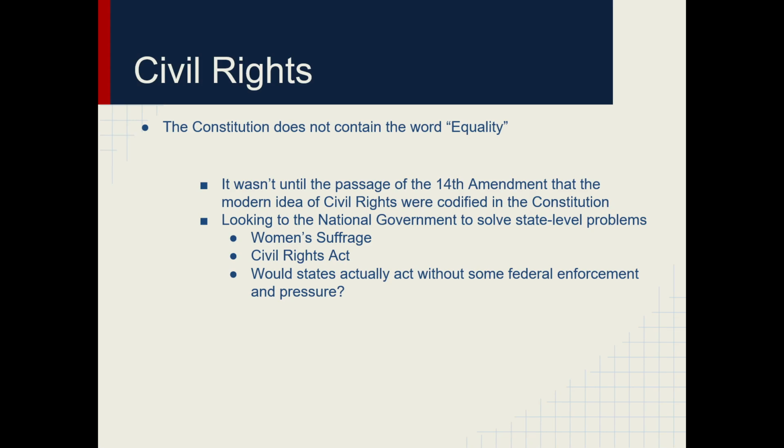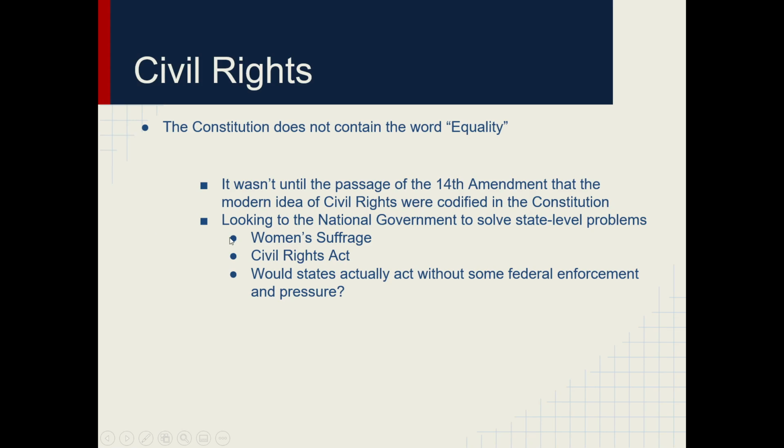Now, there's a general pattern for civil rights and how civil rights translate into law. The first part of this pattern is that something is violated at the state level. Some individual's liberty is violated at the state level, and this violation goes all the way up to the Supreme Court or to Congress, who has to resolve it by issuing a ruling or creating a new law.